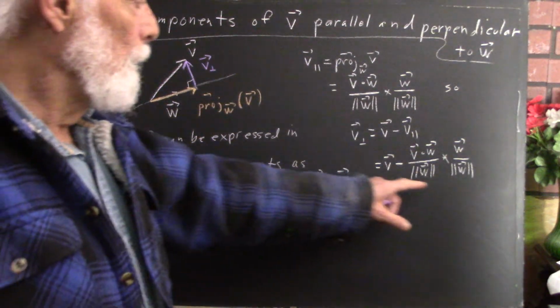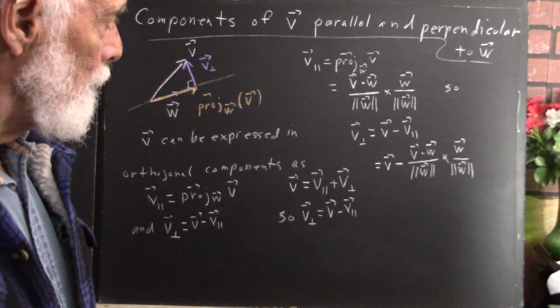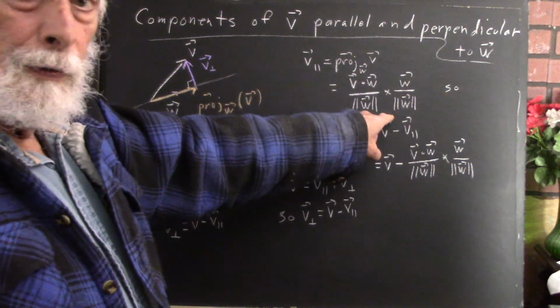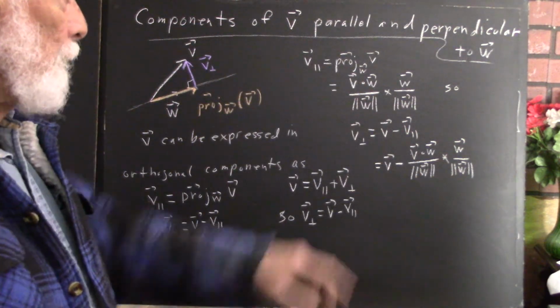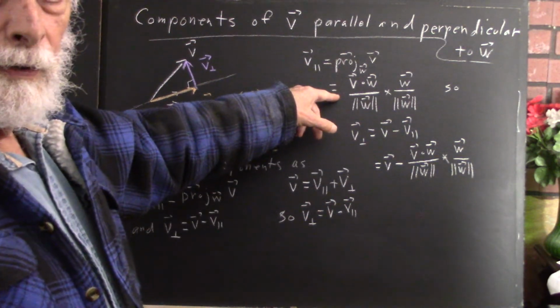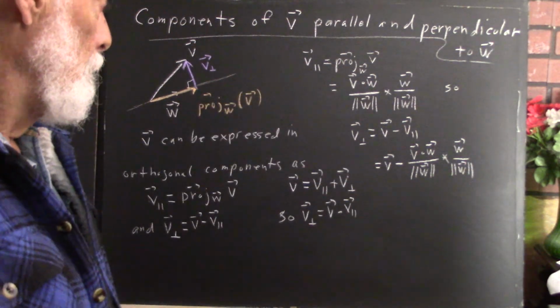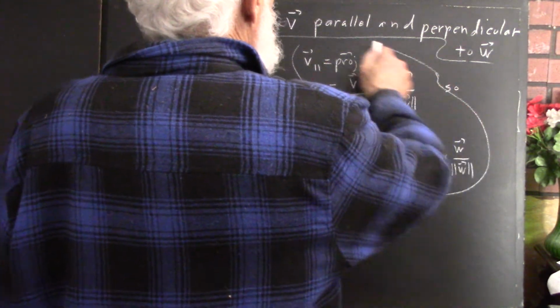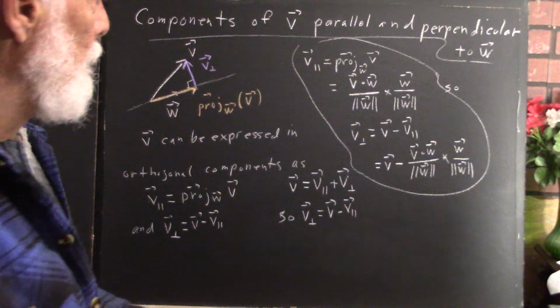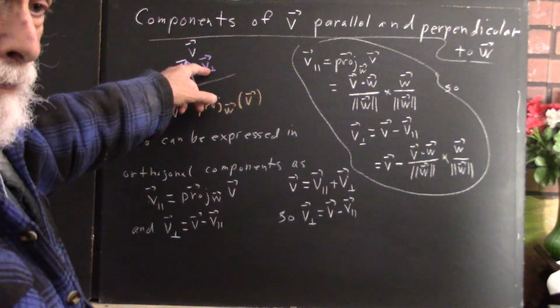Now you don't have to remember this as a formula. You might decide to remember it as a formula, because it depends on how good you are at deriving things. It's a direct consequence of the definition of the dot product. But what you remember is this picture.